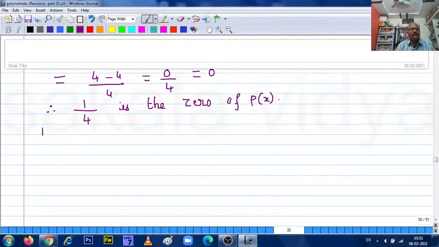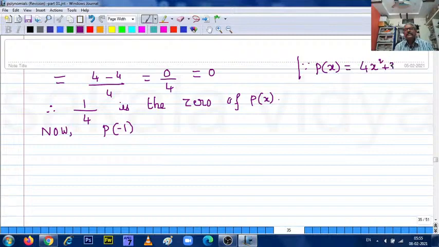Now you move to evaluate P of minus 1, whether it is a zero or not. So what is P of x actually? According to the question, we have P of x equals to 4x square plus 3x minus 1. You need to remember this one. This is very important now. P of minus 1. We are going to evaluate P of minus 1.